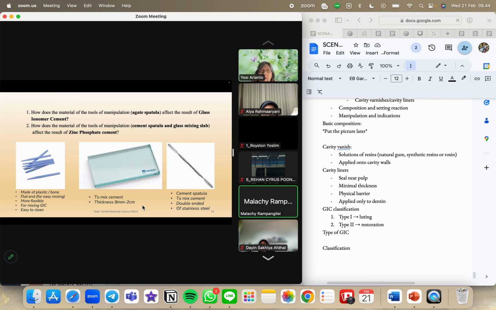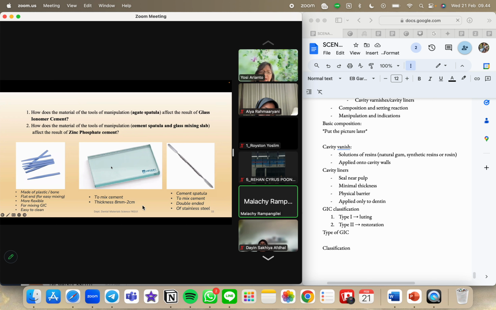But it's heavy. So now usually we use only about 8 millimeters. It is glass and it's very steady. So sometimes we use this glass and then we put the paper pad, yeah, for mixing.